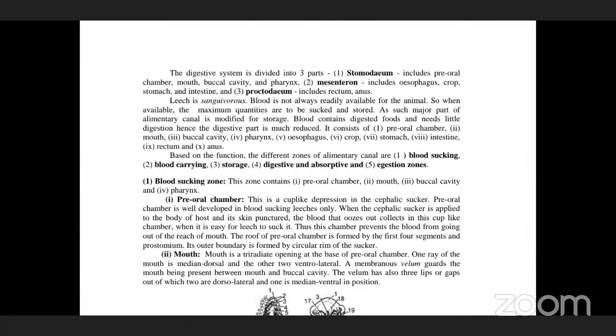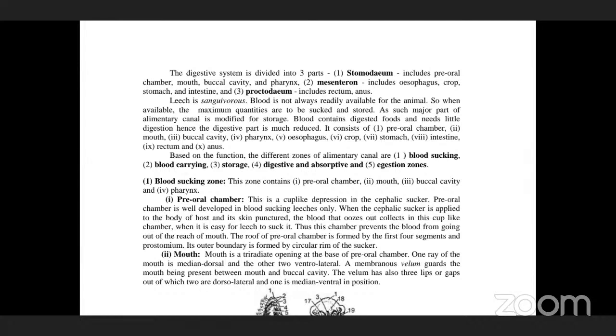So a major part of the alimentary canal is modified for storage. This blood contains digested foods and requires little digestion. All the digested nutrients already enter the blood, so nutrients are directly present and digestion is not much required.